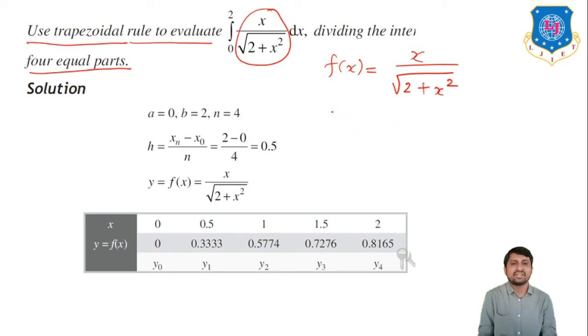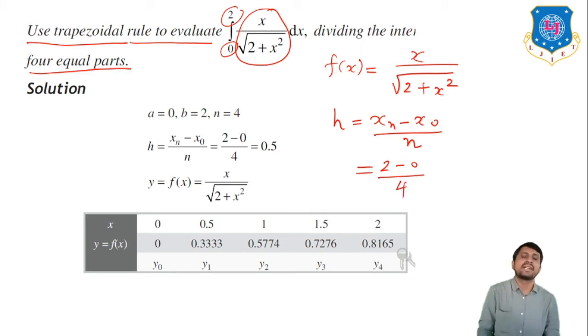To find h, it is xn minus x0 upon n, where xn is the upper limit and x0 is the lower limit. So 2 minus 0 by 4, because we want 4 equal parts. So 2 by 4, that is 1 by 2, which is 0.5. So h is now fixed at 0.5.